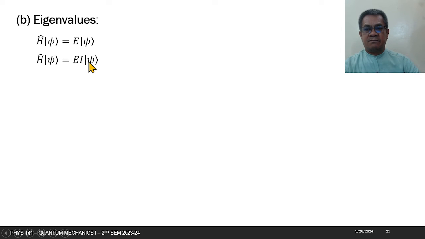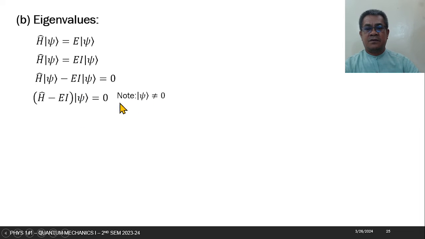Okay, then after that, we can transpose it to the left side to make this 0. Then the common factor is the psi. Then we have this, and the sum should be 0. But remember that the wave function cannot be equal to 0, which means that this one should be 0. The determinant of the matrix should be equal to 0.